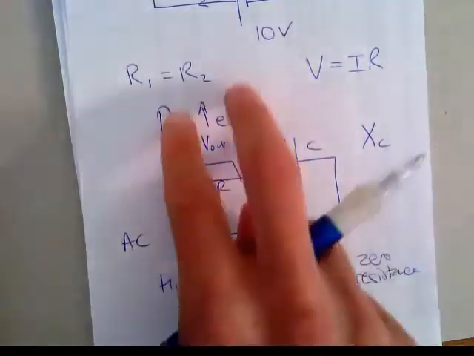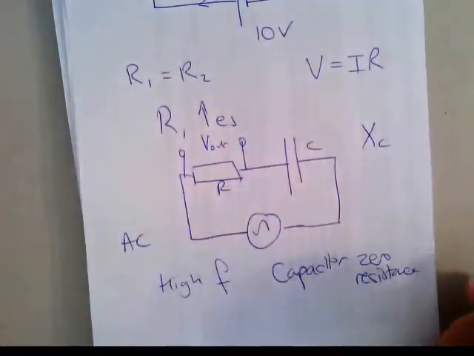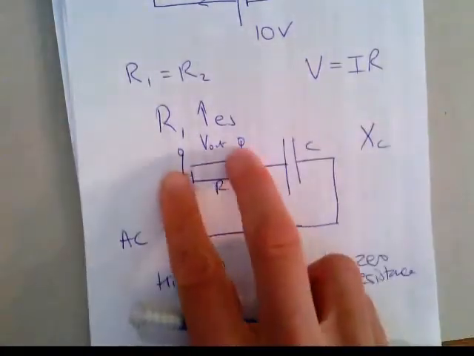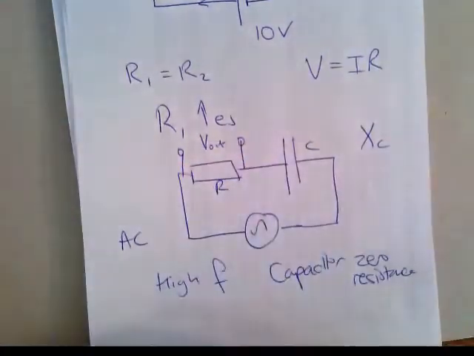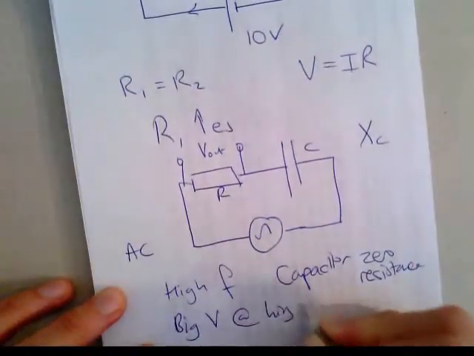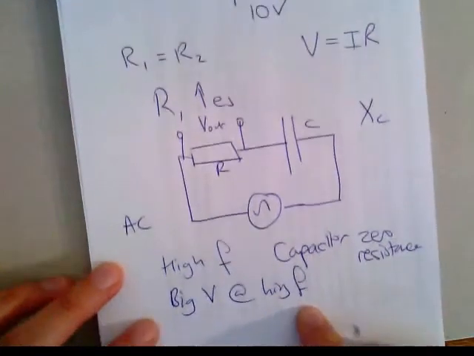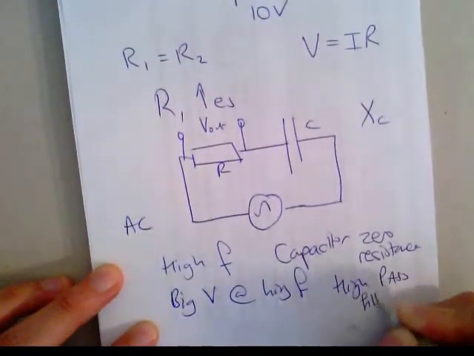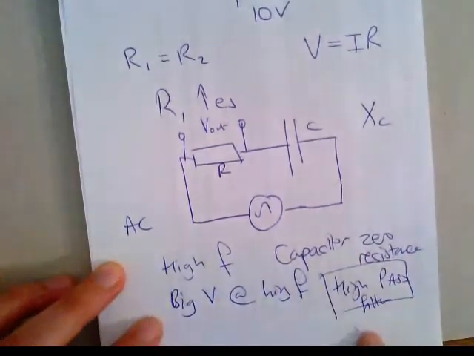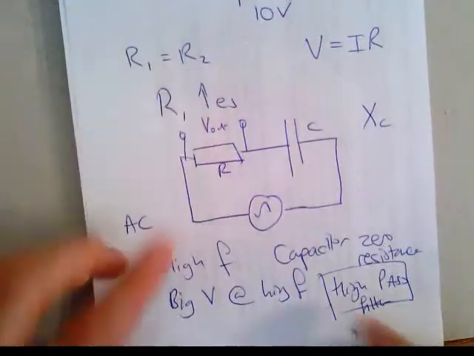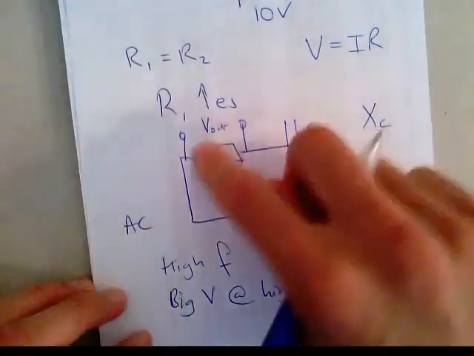So if we connect our RC circuit and use the output terminals across the resistor, then we have big V at high F. That means we must have a high pass filter, because we're allowing high frequencies to give us a voltage out here.